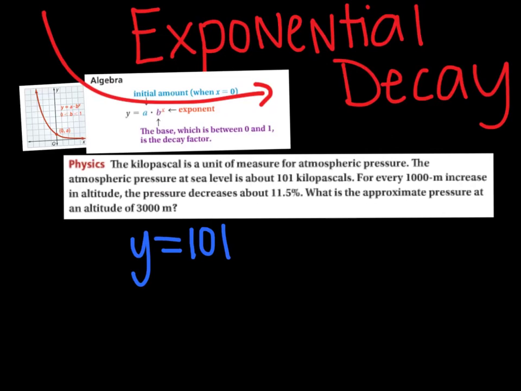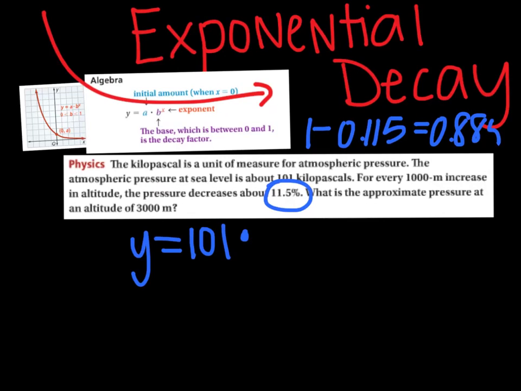That's 0, my starting point is 101, so times, and then B is my decay factor, and it's decreasing at 11.5%, and so that is going to be what I subtract from 1, and so I'm going to write this as a decimal, so it's 1 minus 0.115, and that gives me 0.885. So that's actually what my B is.